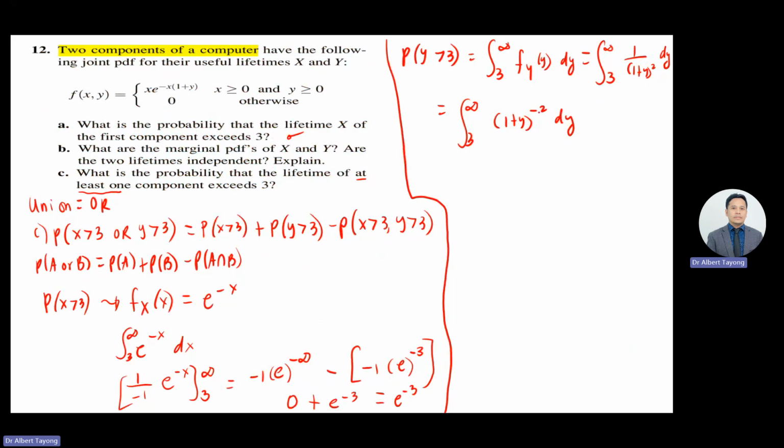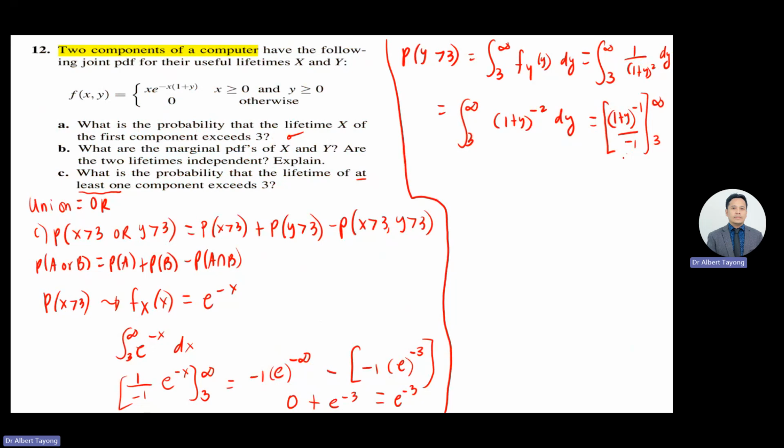The formula is n plus 1, so negative 2 plus 1. That is going to be 1 plus y raised to the power of negative 1 over negative 1, from 3 to positive infinity. Negative 2 plus 1 is negative 1 because we have n plus 1, and we put n plus 1 here as well.